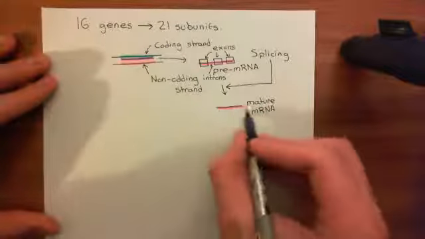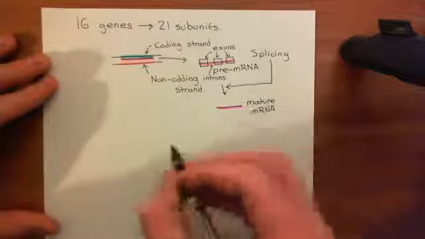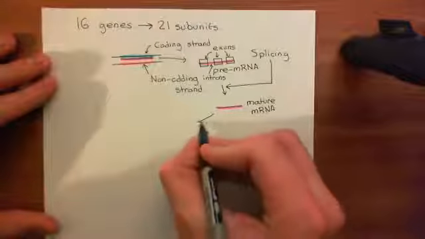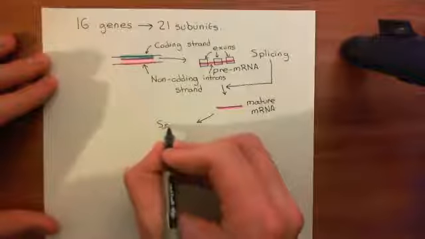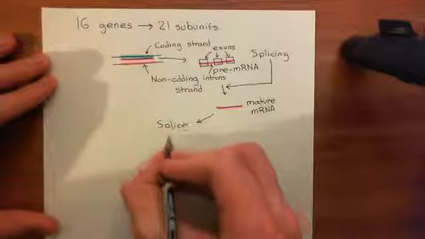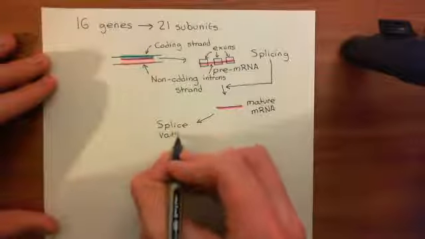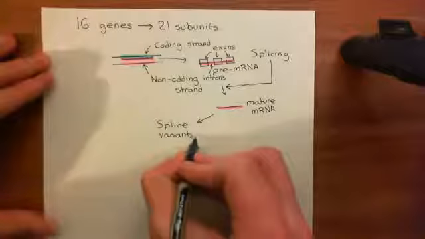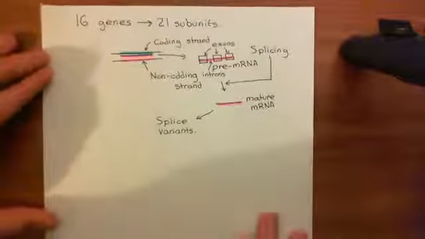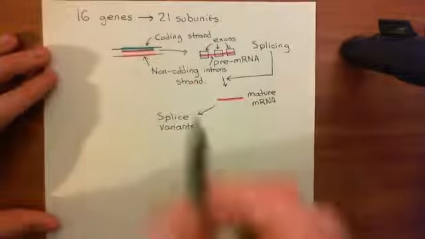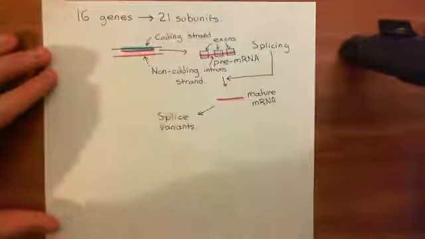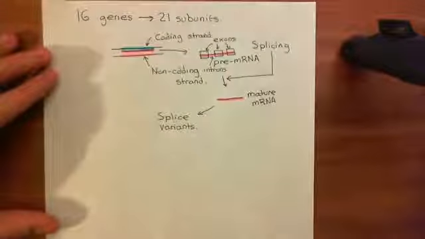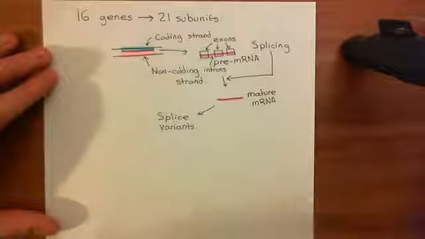It can lead to different mature mRNAs being produced, which will then lead to different proteins, and these different proteins are then referred to as the different splice variants of that gene. Certain of the genes for alpha subunits have multiple splice variants, which is how, even though you only have 16 genes, we can get 21 different subunits.